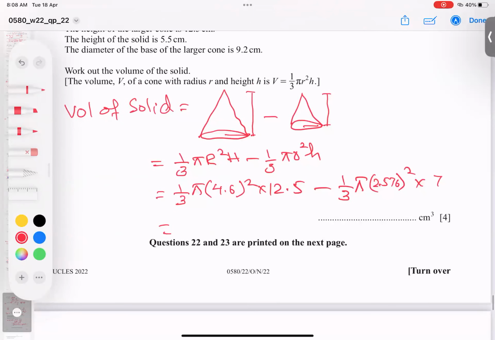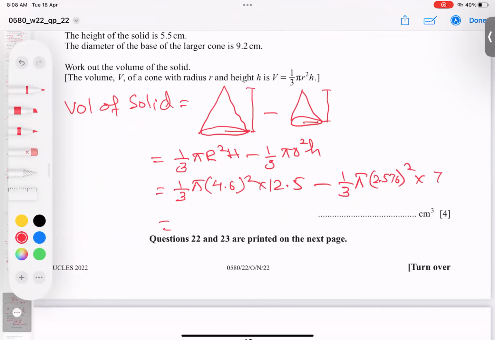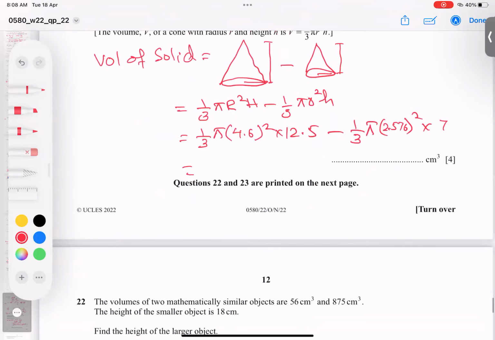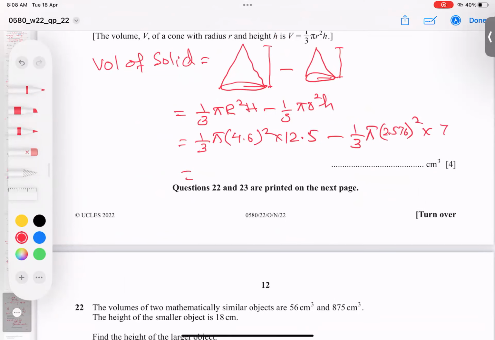And now I'm simply typing in the calculator and it will give me the answer. So let's see what answer I'm getting when I type in the calculator: 1/3 into pi and 4.6 squared, minus 1/3 pi into 2.576 squared into h. I'm saving my time.